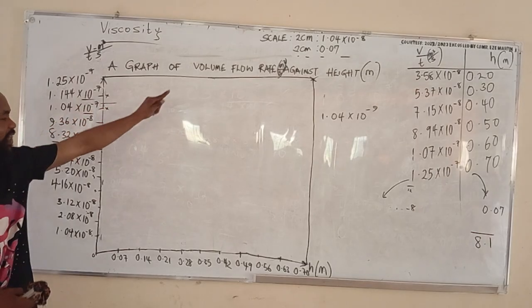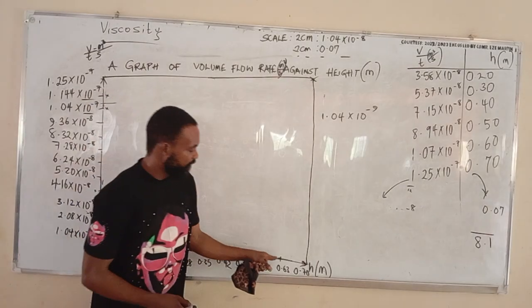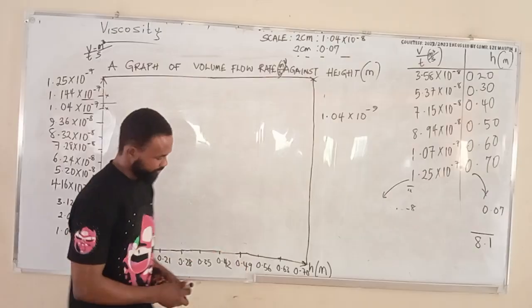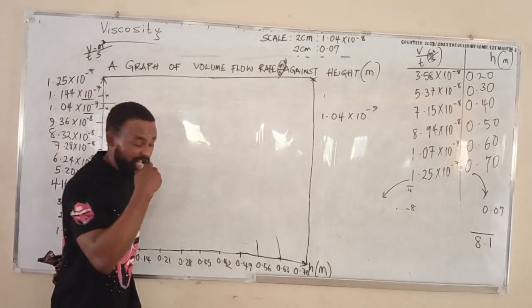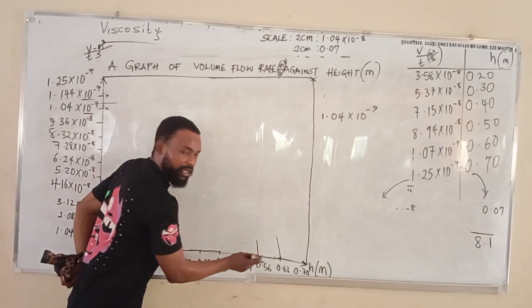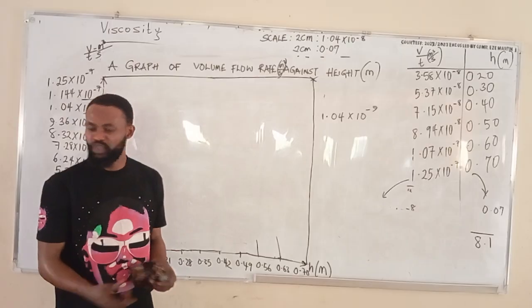If I projected a point here as my 1.07, that 1.07 happened at 0.60. Watch. This is 0.63, Shemi. I can just say in my eye, looking at it, let me pick somewhere here. That's the manner for you. But because you are writing this as exam, I said do things well.